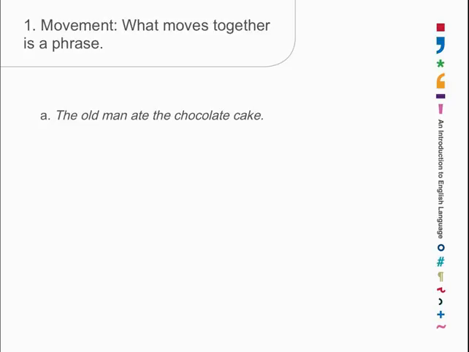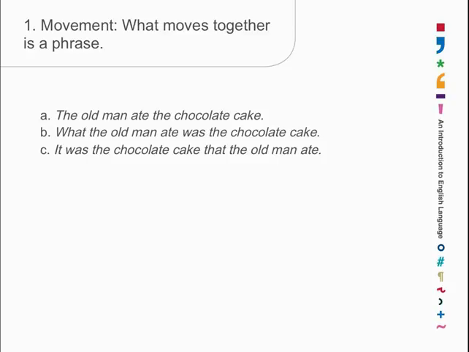Here's the old man ate the chocolate cake. In the right order, this is perfectly grammatical. But this is another form of the sentence, really. What the old man ate was the chocolate cake, and we'll see that the old man and the chocolate cake are still together. If we say it was the chocolate cake that the old man ate, we've got a different word order, but the chocolate cake and the old man are still together in the same order, and so on.